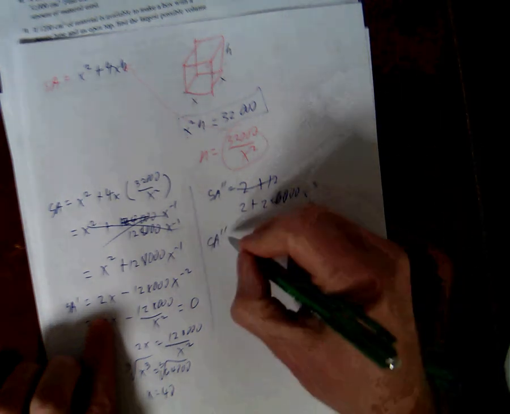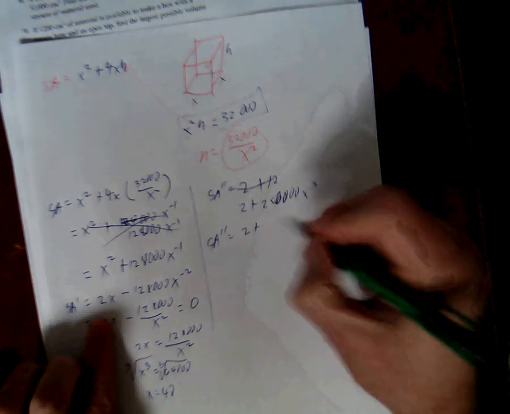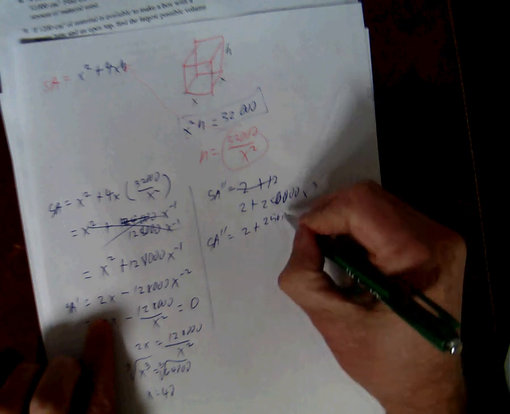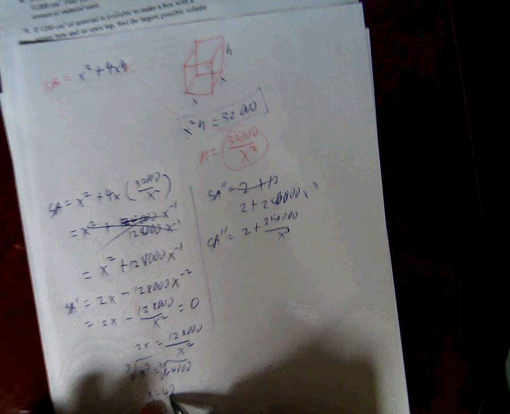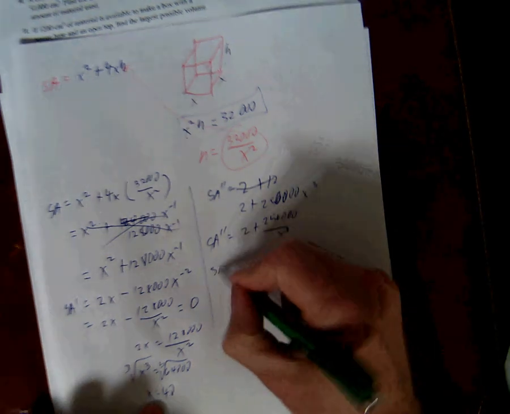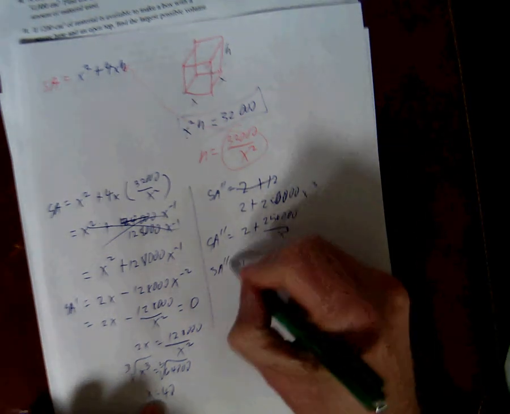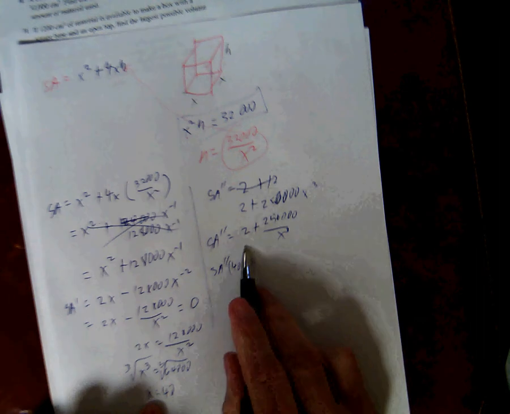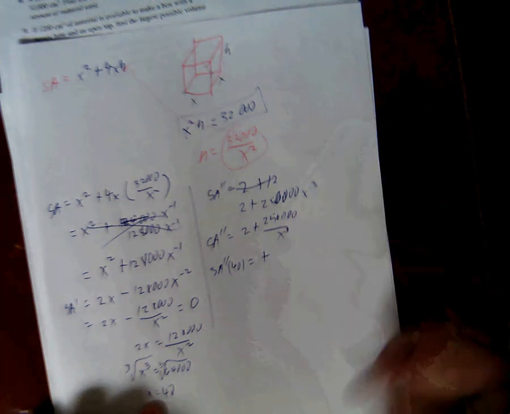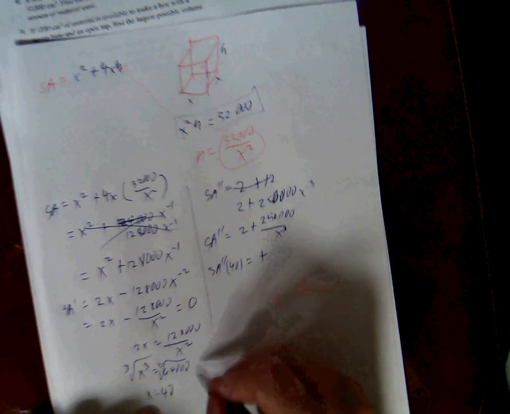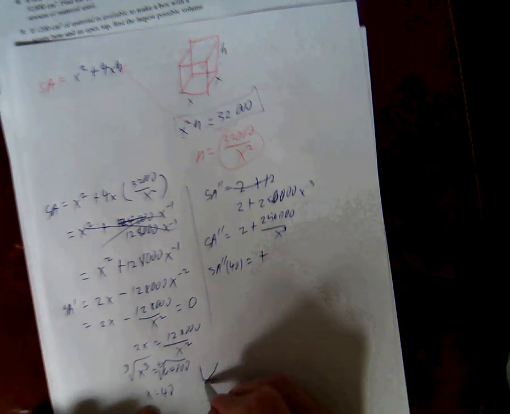So our second derivative is 2 plus 256,000 over x cubed. When I plug 40 into this, I don't care what the number is, but I think we can all agree it's got to be positive. So I've got a flat spot and a happy face, and that guarantees this is a minimum.